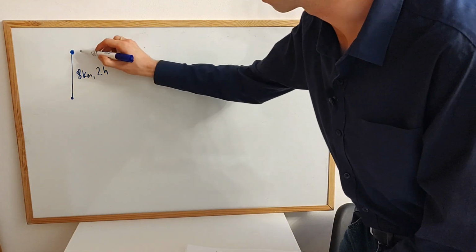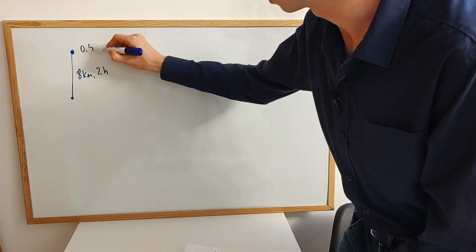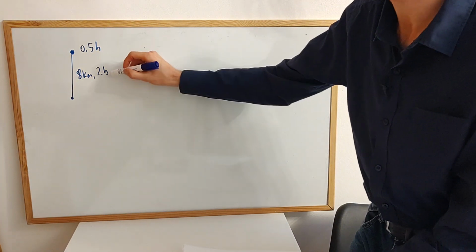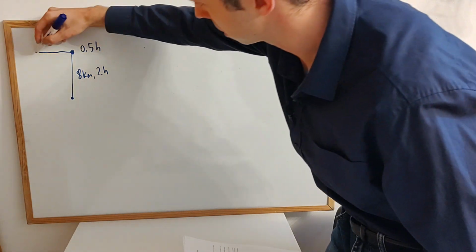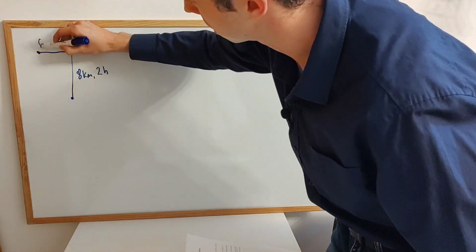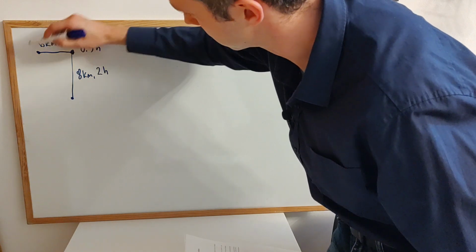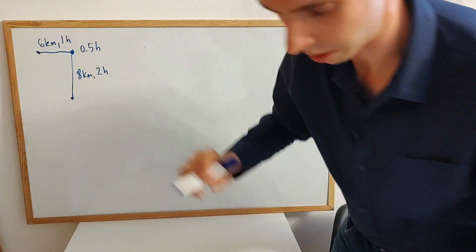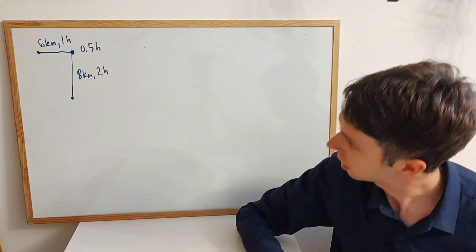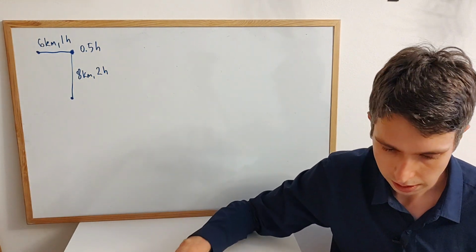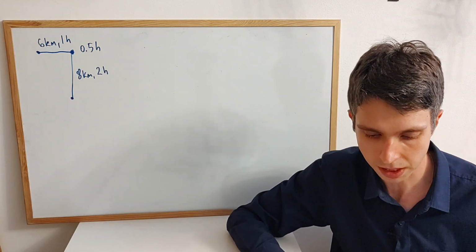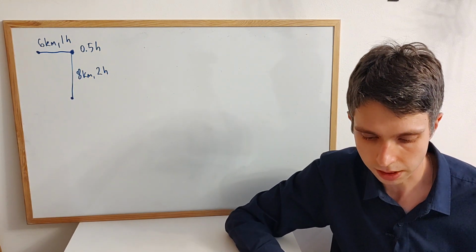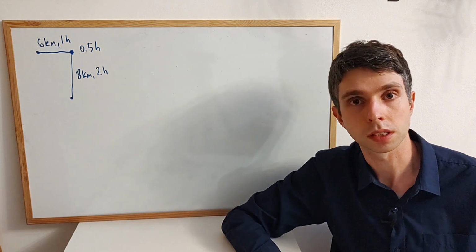He relaxes for 30 minutes, so it's half an hour, to have the same units, and then he goes 6 kilometers to the west in 1 hour. That's basically what's going on, and our first task is to calculate the average speed of the tourist during the entire described trip.